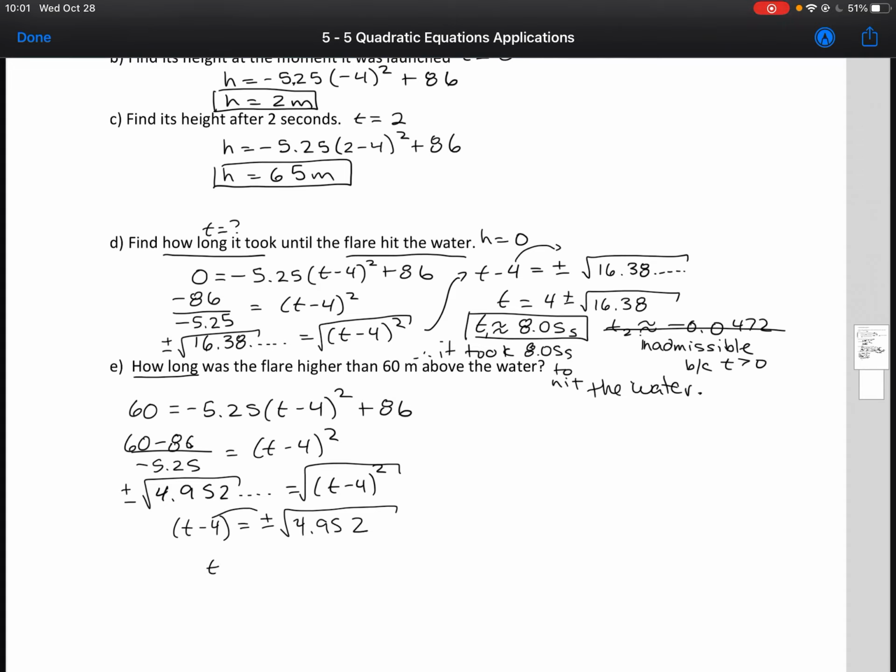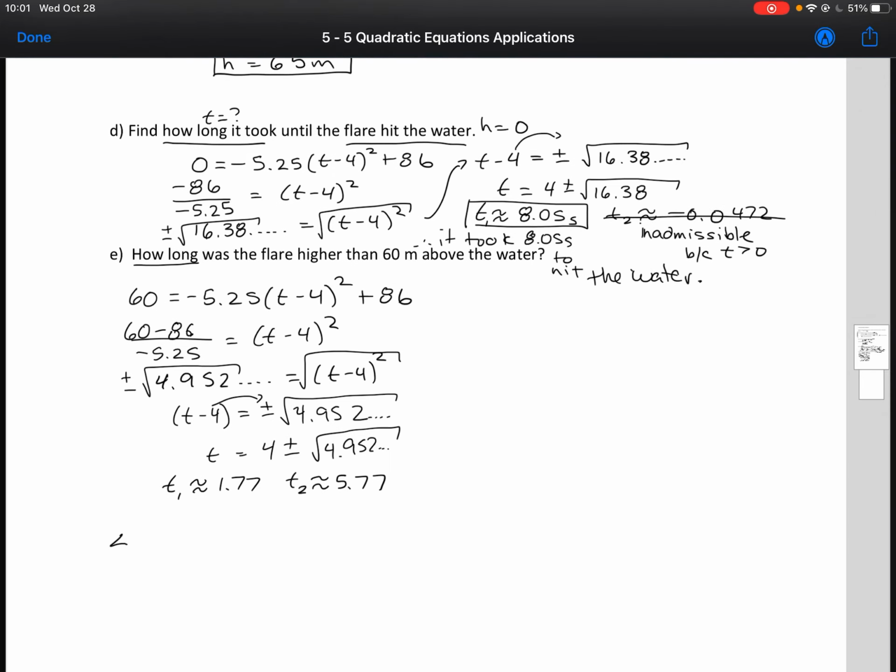I can then move my minus 4 over, and I get that my answers for t are 4 plus or minus the root of 4.952 with those extra pieces on the end. This is going to give me two values for t. So I've got t1 is 1.77 and t2 is going to be 5.77. Now what I'm really looking for is my delta t, or my change in t, which is going to be t2 minus t1, which is going to tell me that the flare was above 60 meters for about 4 seconds.